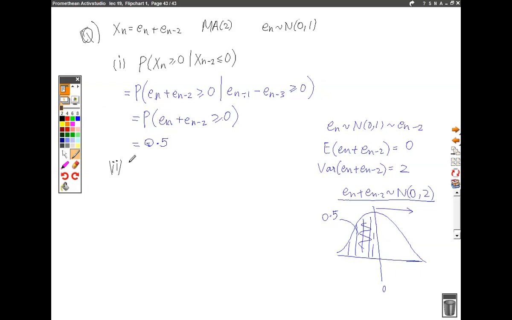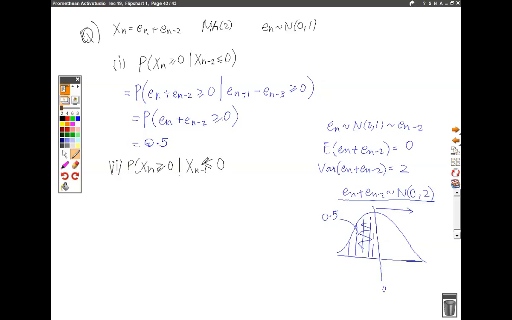If this value still remains the same, if I am asked, so I am looking at the probability that my xn takes a value greater than 0, given that xn−1 is less than or equal to 0.